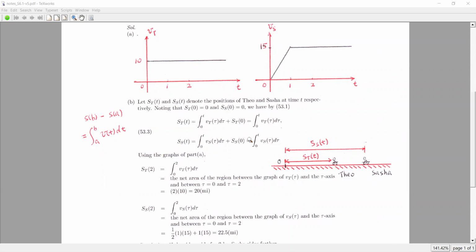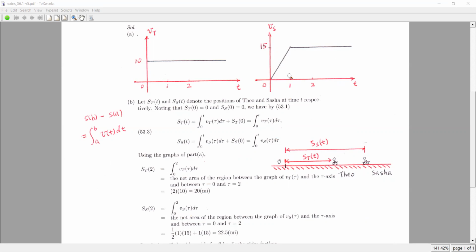Similarly, in this equation, set t to 2. Then after 2 hours, Sasha's position is this integral. This integral is the net area of the region between the graph of velocity and the horizontal axis and between 0 and 2.